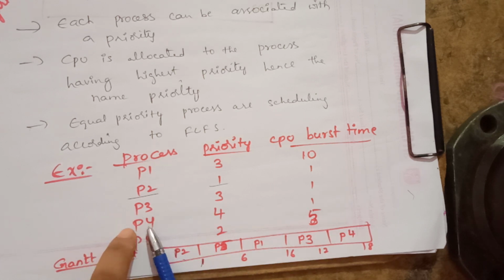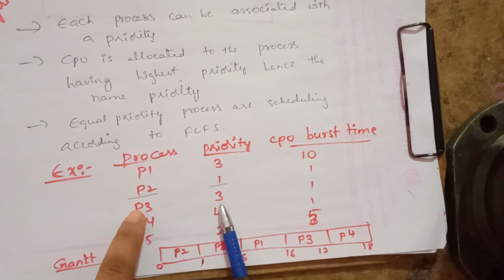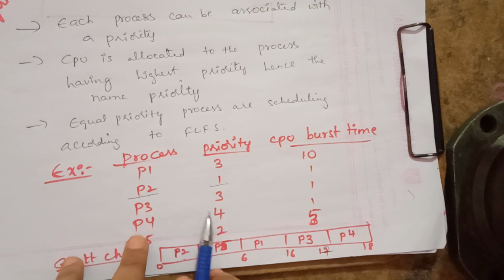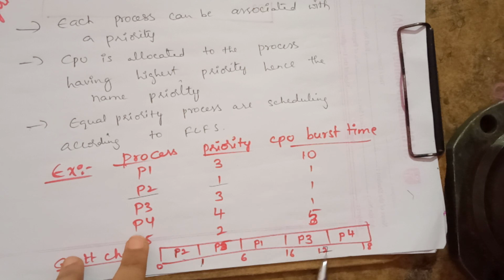Next we have the P3 process, which takes only 1, so 16 plus 1 is 17. Then one more process, P4. P4 has the lowest priority, that's why we select it last. Its CPU burst time is only 1, so 17 plus 1 is 18.